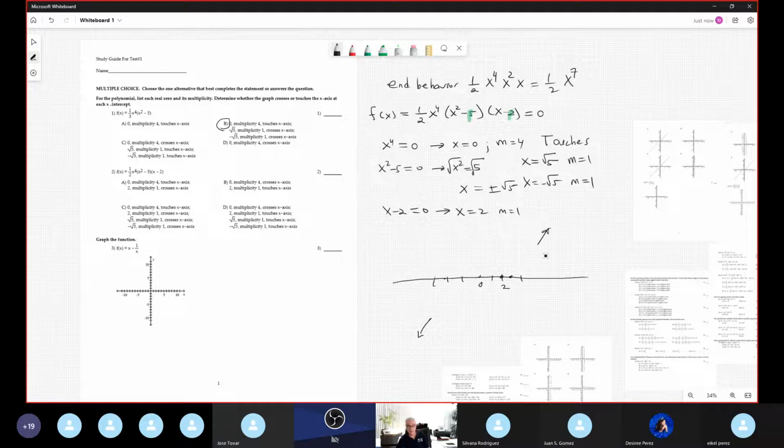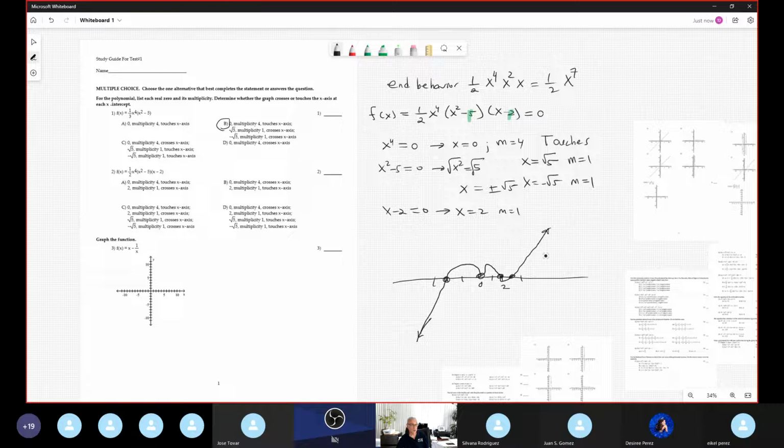So we have one zero here, cross; another zero here, cross; another zero here, touch; and another zero here, cross. Cross, touch, cross, and cross. Something like that. If you want to verify this, do the decimals and you'll see it's perfect.